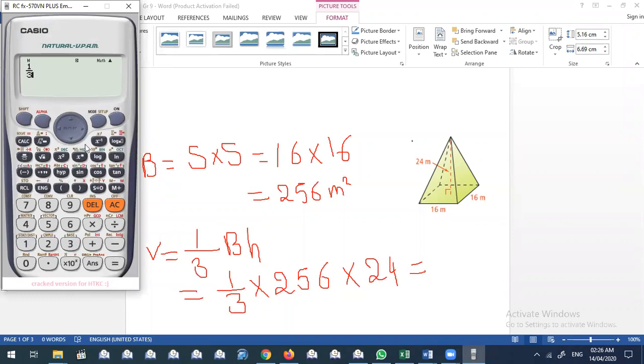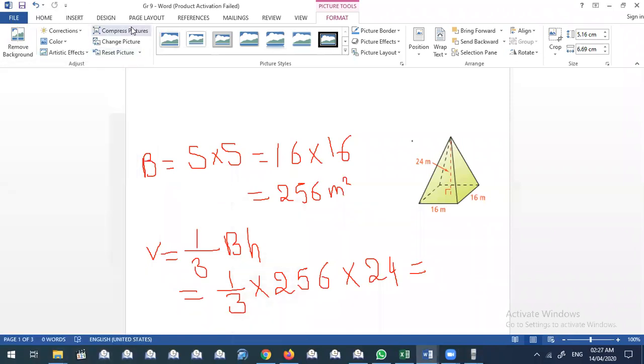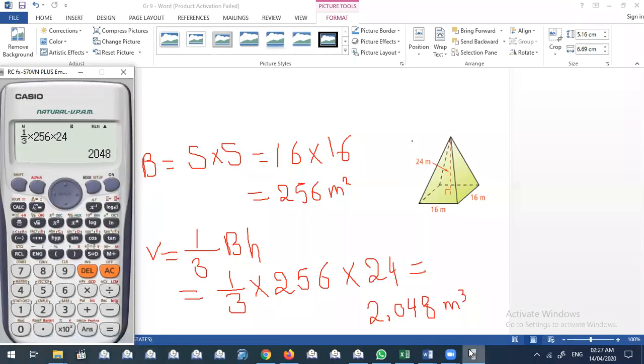One third times 256 times 24. 2048. Our answer is 2048 cubic meters.